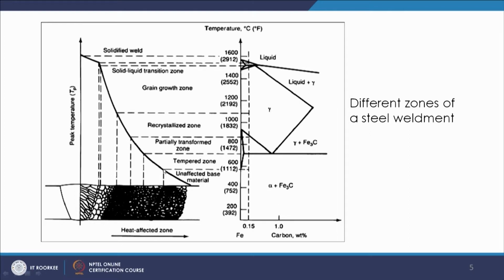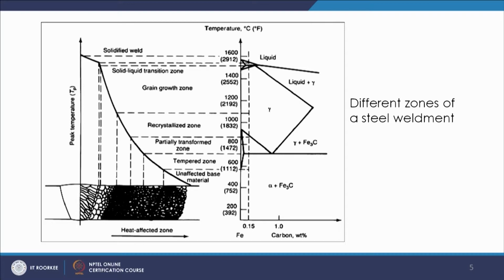Then you have the partially transformed zone, seen near the upper critical temperature up to the lower critical temperature. After that you have the tempered zone, and as we go below 600 or 550 degrees centigrade, where this temperature is not exceeded, that is the untransformed base metal zone.